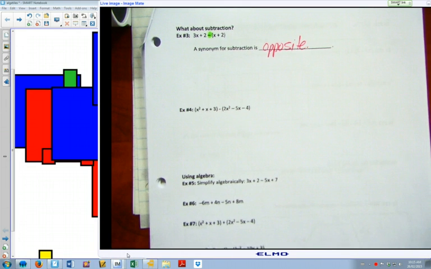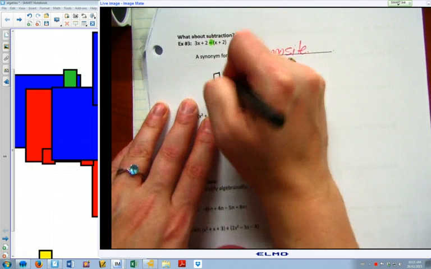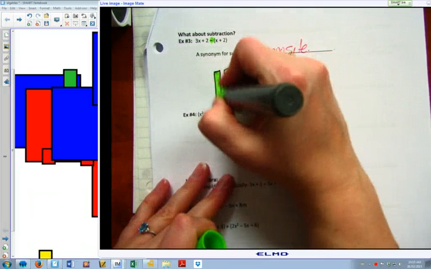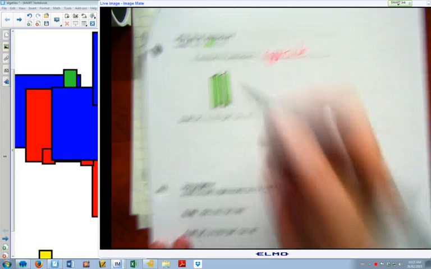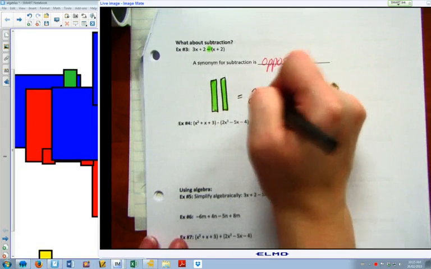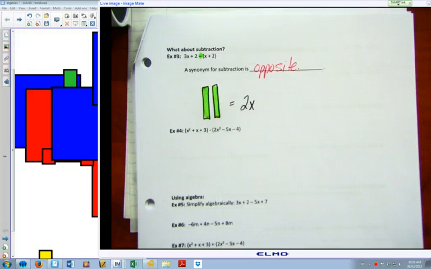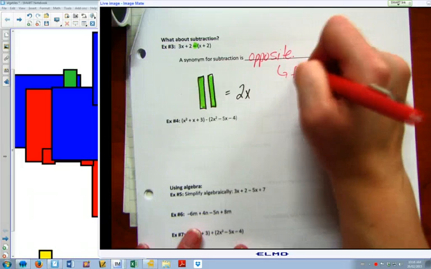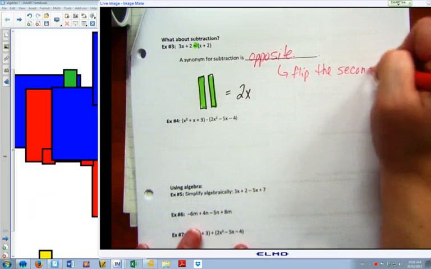So let's draw what we have left, which I just heard someone say 2x. And so going back to my red pen, the trick with this is you flip the second polynomial. That's how you do subtraction.